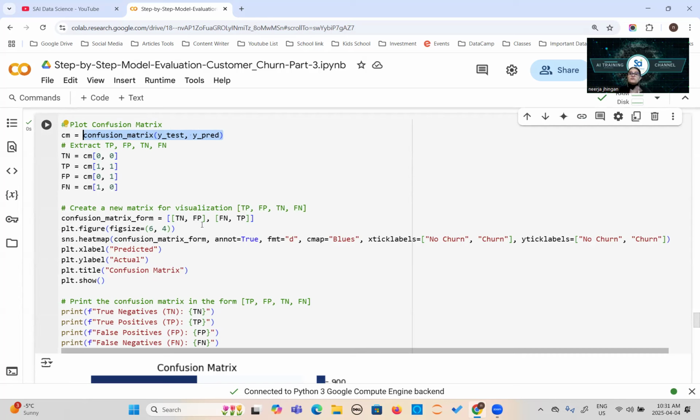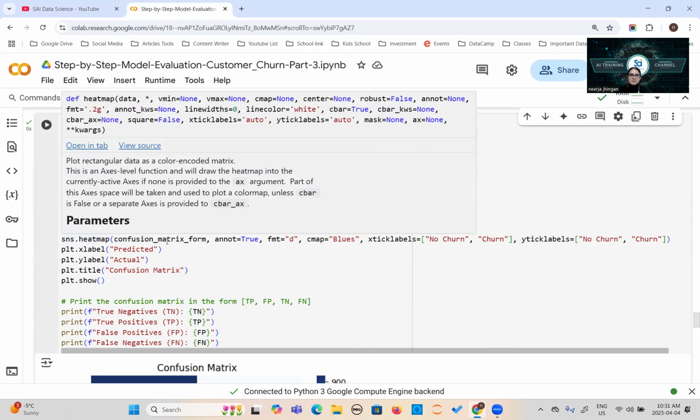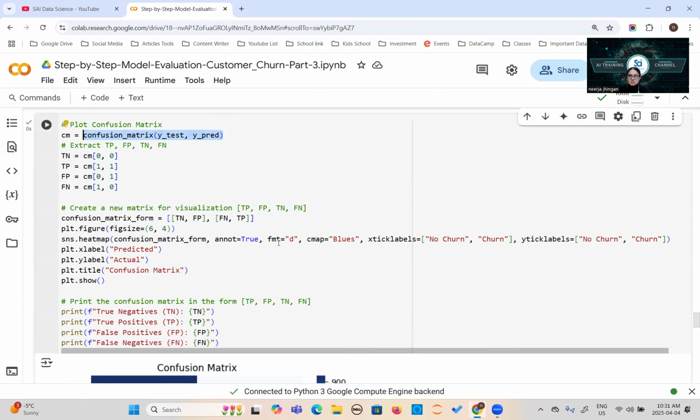That's why I'm doing this for your understanding. This is the confusion matrix form we are declaring. I'm using the seaborn heat map for the confusion matrix. Annotation is true, format is d, blue. You can use any color, there is no problem. Tick labels we have set as no churn, churn, no churn, churn, just as I have shown you on the whiteboard.